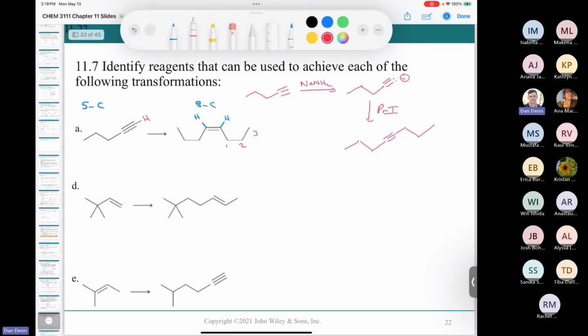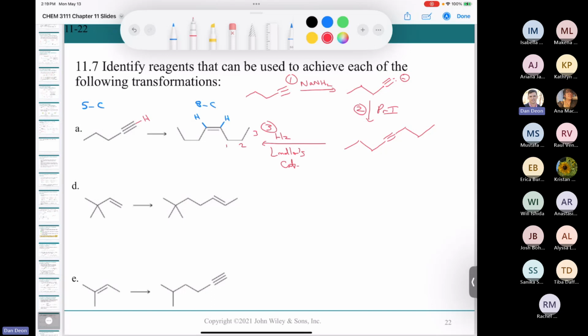And then to make the cis alkene, we're going to treat it with H2 and Lindlar's catalyst. That's right, Lindlar's catalyst. Or if you just want to put poisoned catalyst, that's totally fine too. So that's a total of 3 steps for that one.